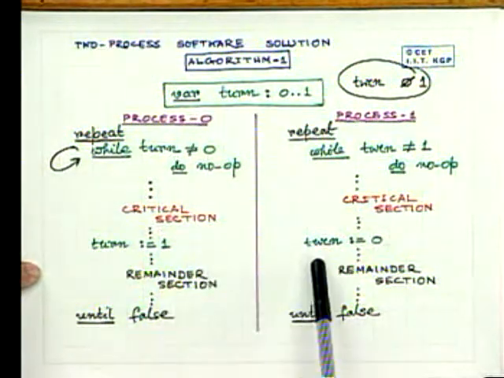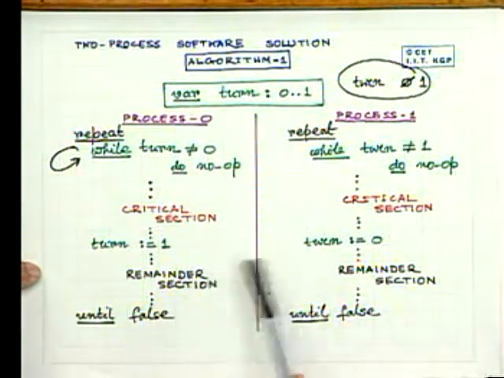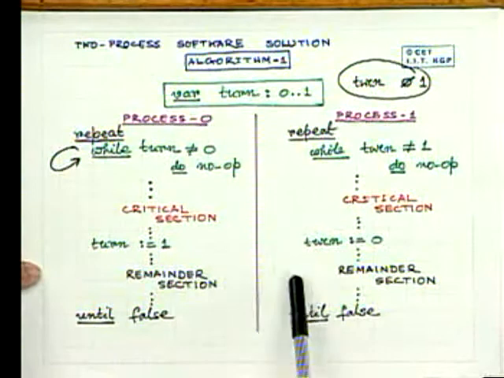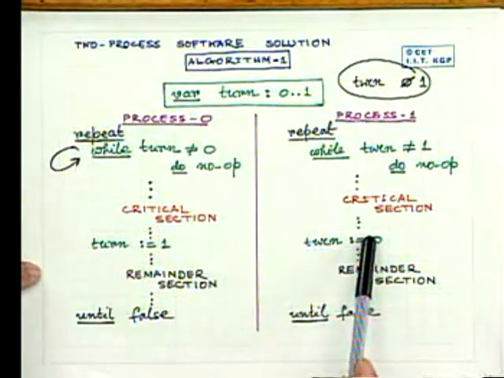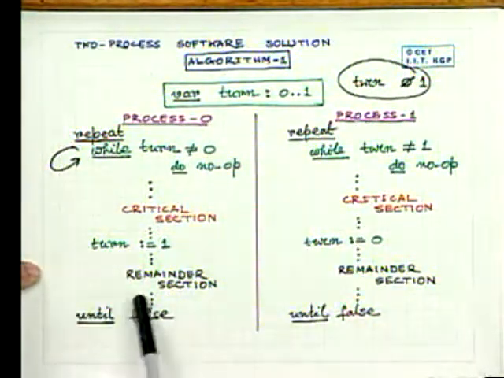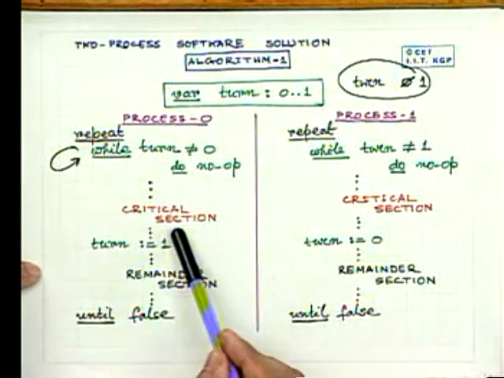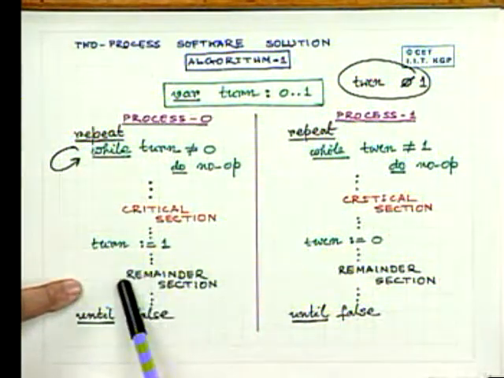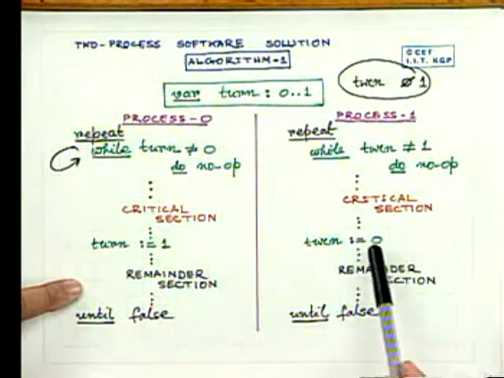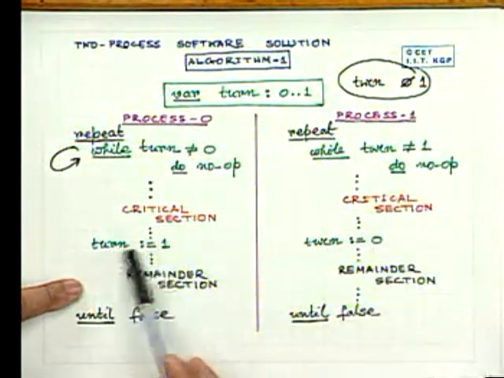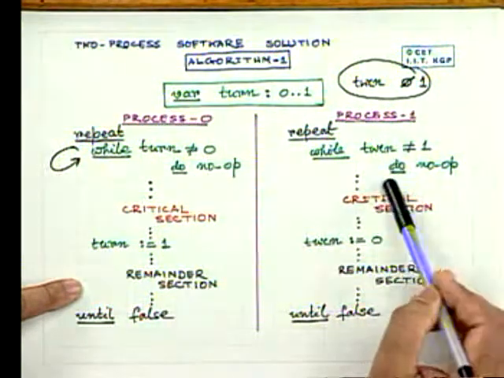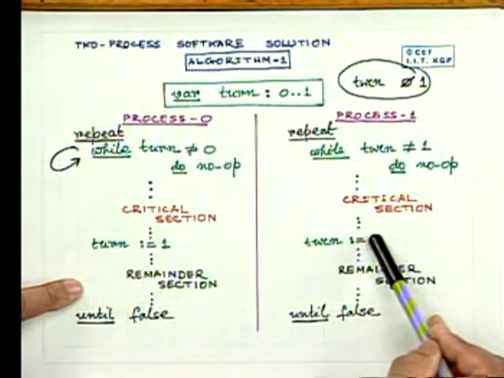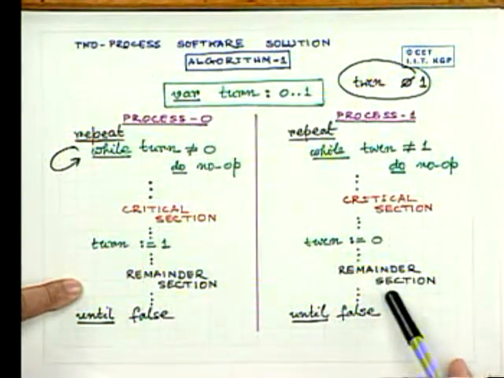But as I said, the problem with this algorithm 1 is progress. Say process 0 is in the remainder section, and the remainder section is taking quite a good amount of time. In the meantime, process 1, naturally its turn equal to 1, will enter the critical section, make turn equal to 0, and finish the remainder section.